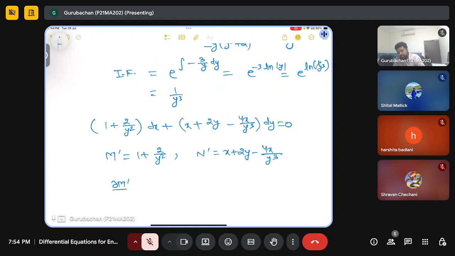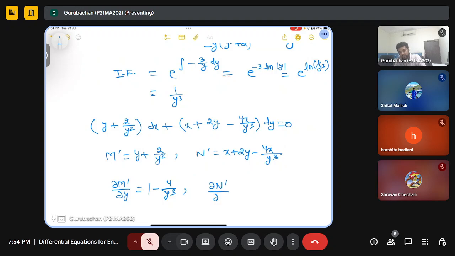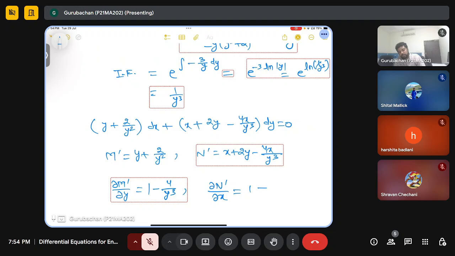So del m dash divided by del y is equal to minus 4 by y cube. Is there any typo? I think, yeah, there will be y. So del n dash by del x is 1 minus 4 by y cube.